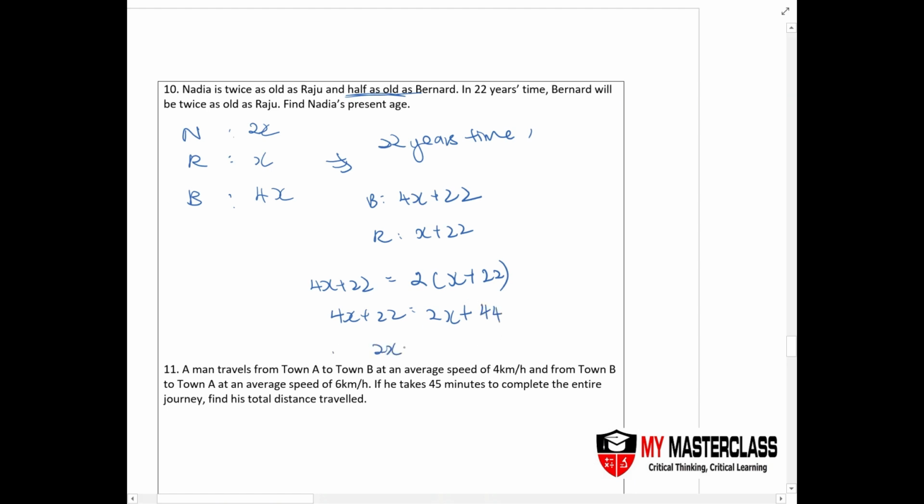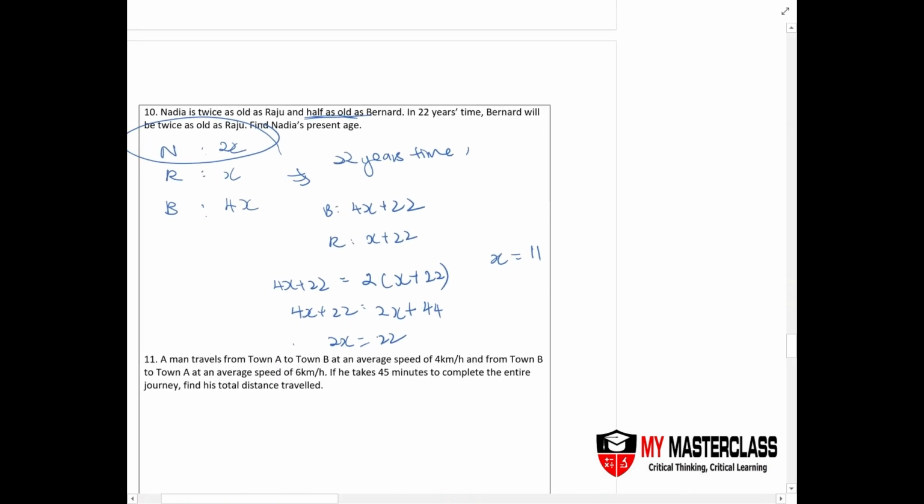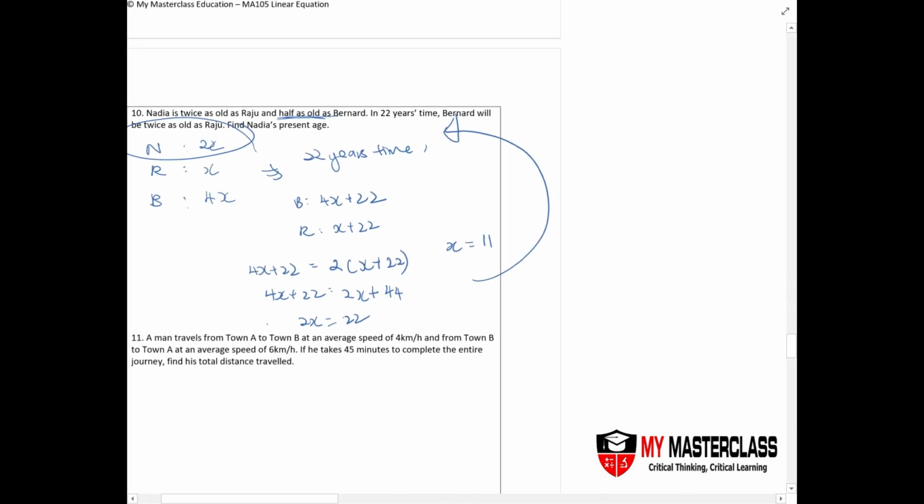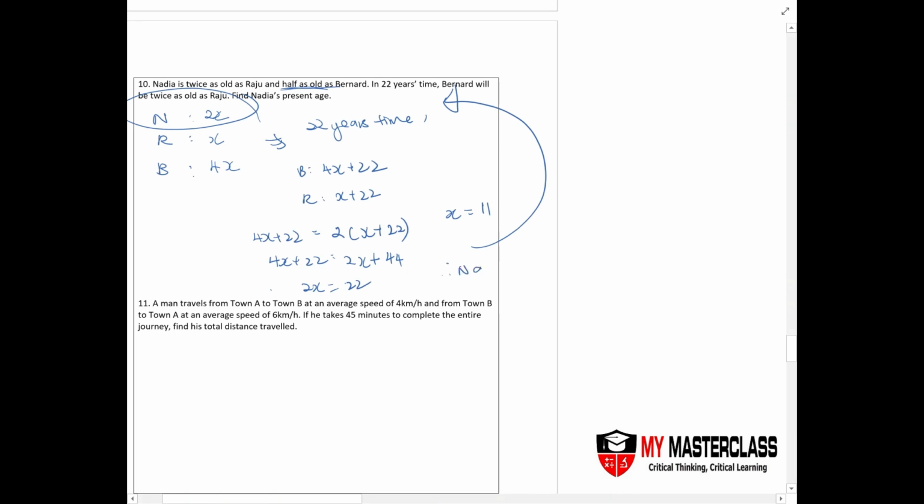Bring over, you have 2x equals 22, of which x equals 11. Now what's Nadia's age? Please don't just stop here. Nadia's age is 2x, so always apply back to the question. It is 2 times 11, which gives you 22 years old.